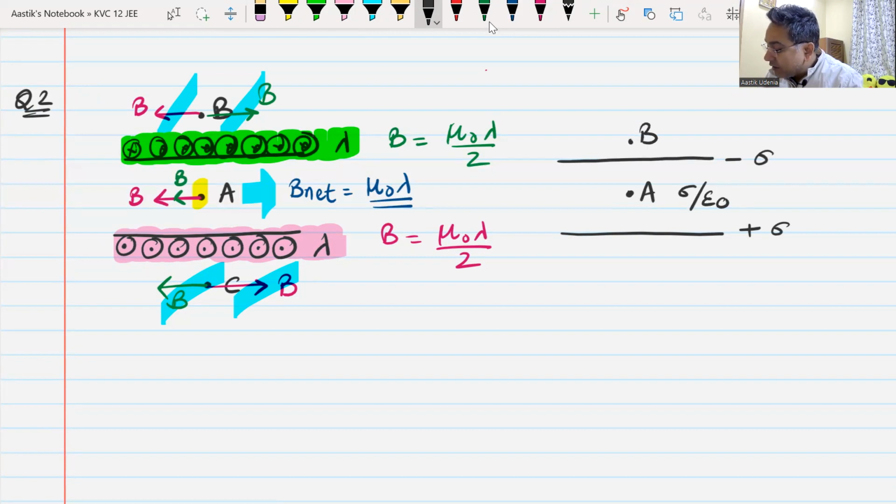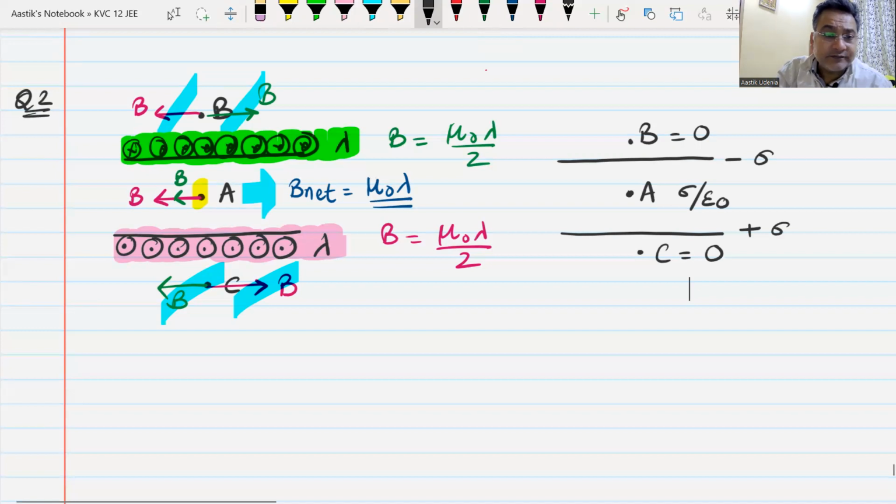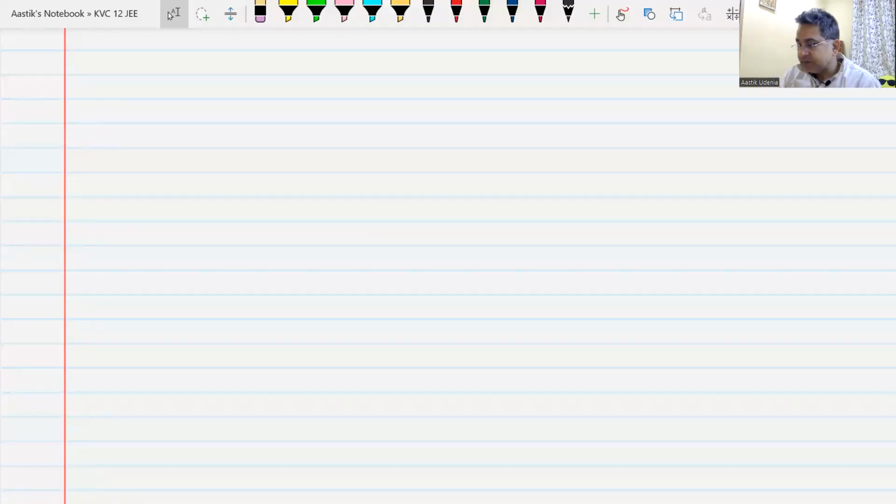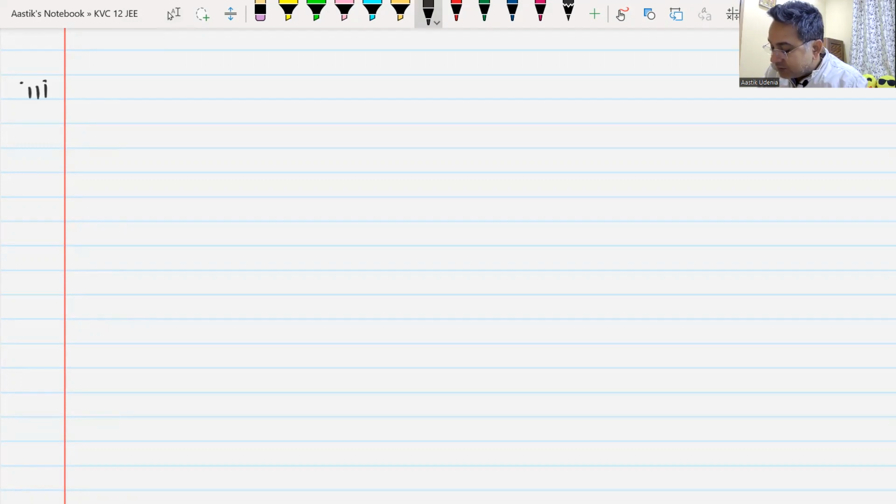The field at any outside point was 0. This is the magnetic variation of the same question. I'll give you 2 minutes to note it down. Let me know once you are done. Then you can note this result, number 3rd or 4th or whatever, I have lost count.